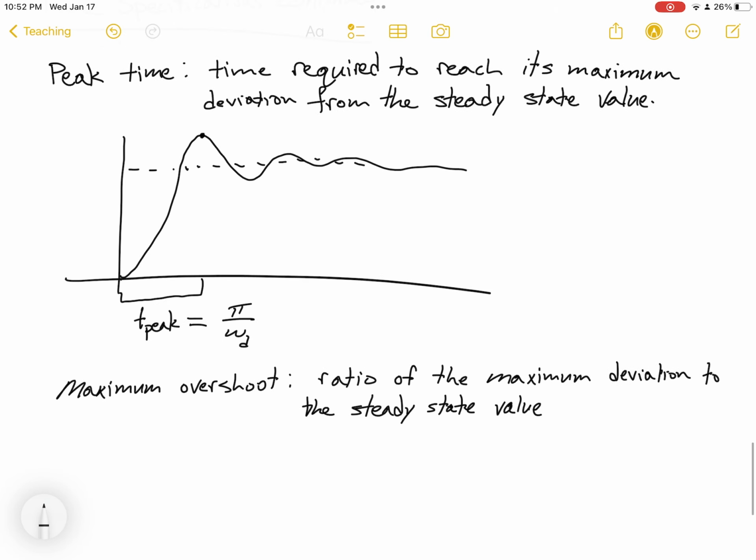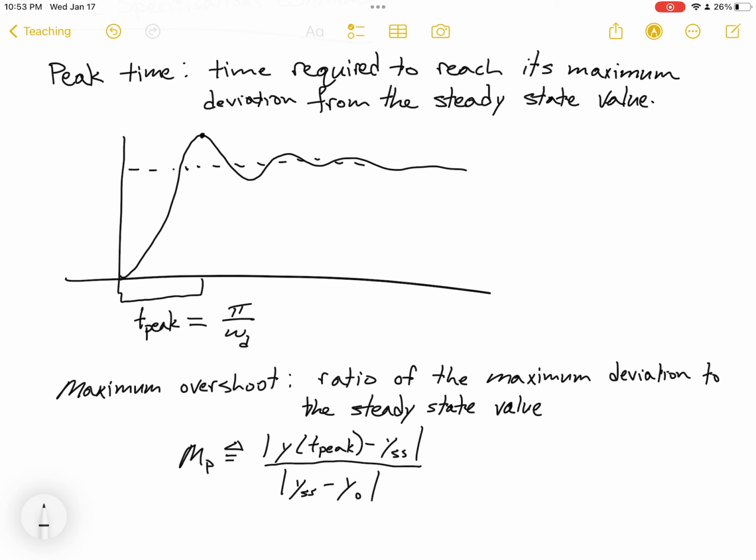And it's defined, we'll call it MP. So the maximum overshoot is by definition the absolute value of y of t peak, so that's the peak value, minus y of steady state, and that's divided by y of steady state minus y 0.